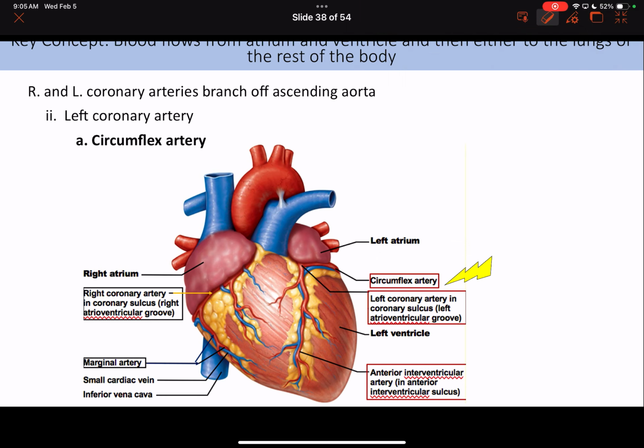Here's the left coronary artery coming off the aorta, and then the right coronary artery coming off the aorta. But we're talking about the left side right now. Coming off this left coronary artery, we have two arteries going in different directions: the circumflex coming around the heart, and the left anterior descending artery, or anterior interventricular artery, coming down. Those both branch off of the left coronary artery.